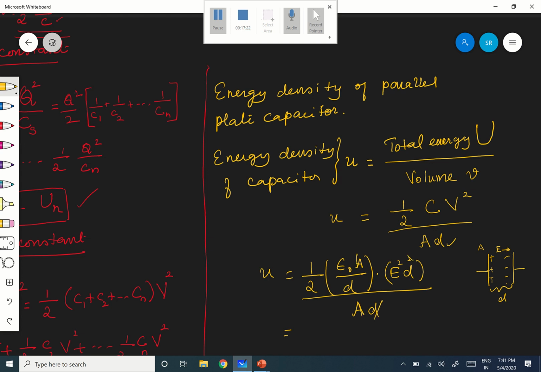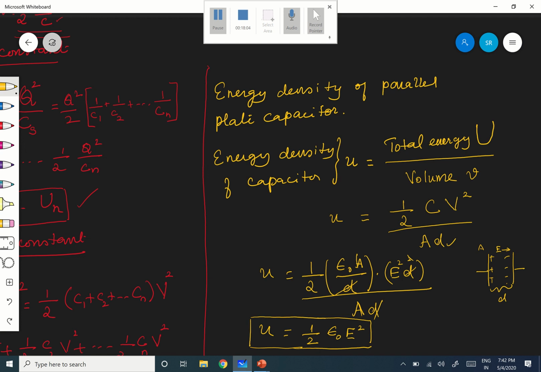Therefore, you will be getting half epsilon naught E squared. This is the expression for the energy density of a parallel plate capacitor.